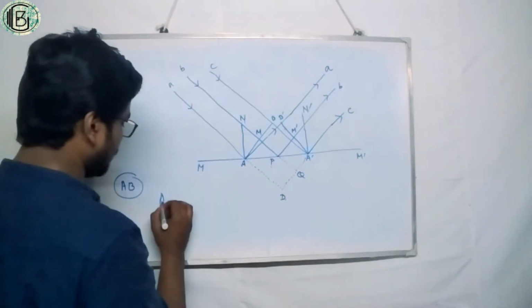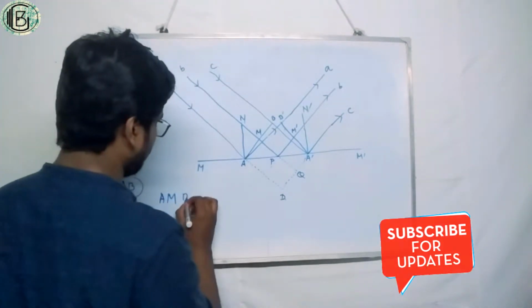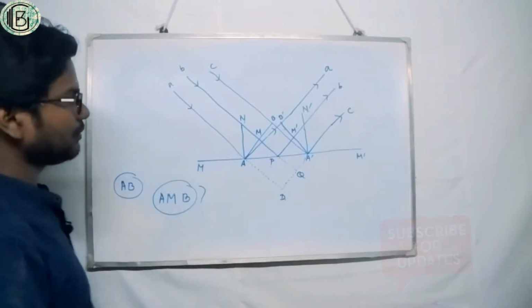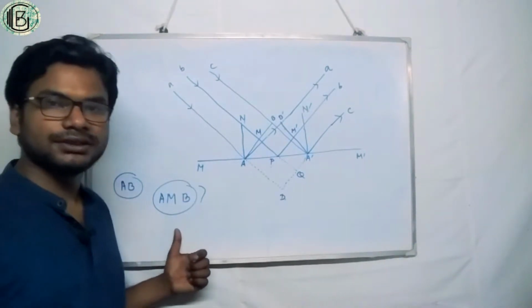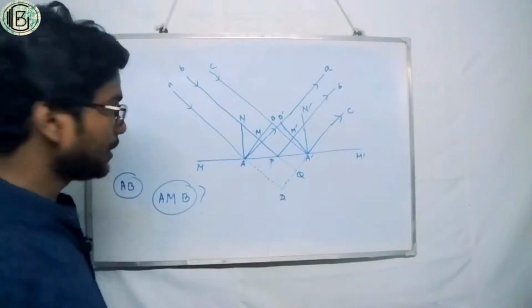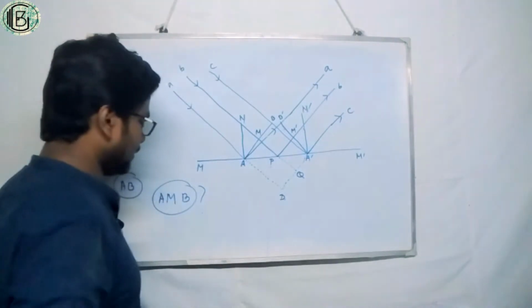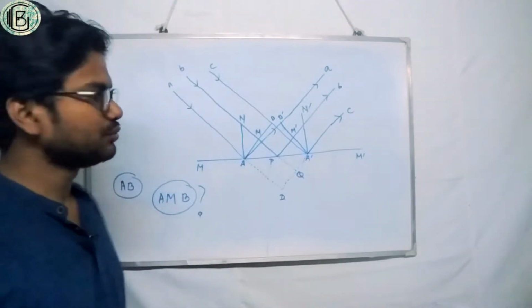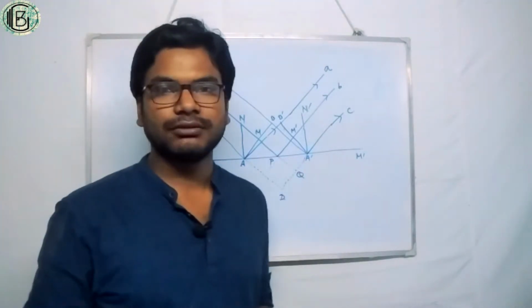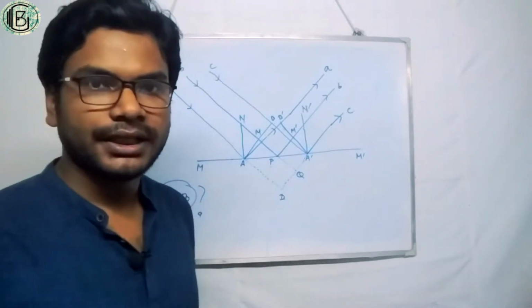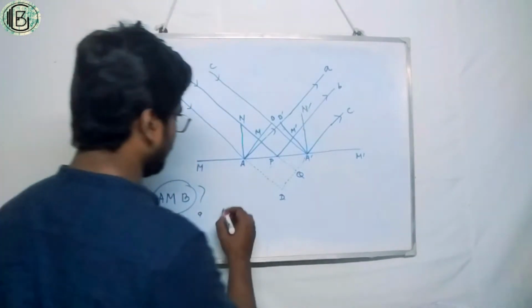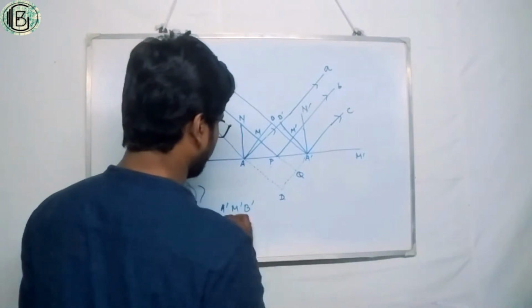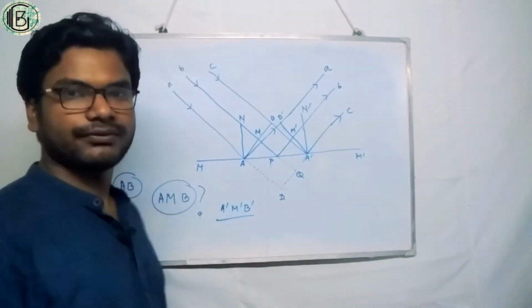Now A, M, B. What is A M B? A M B is the incident wavefront. Now if the incident wavefront A M B equals the reflected wavefront, what is the reflected wavefront here? Here the reflected wavefront is A prime, M prime, B prime. So this is the reflected wavefront.